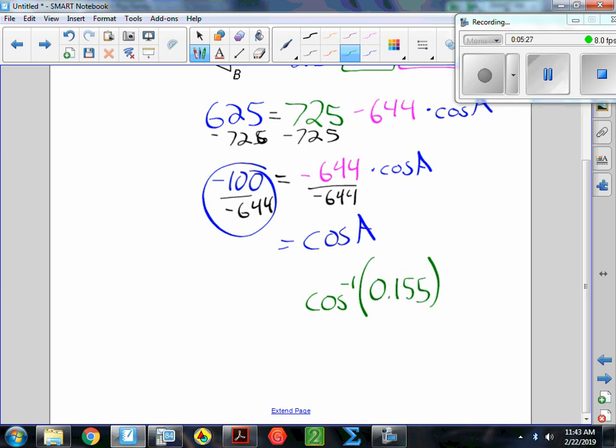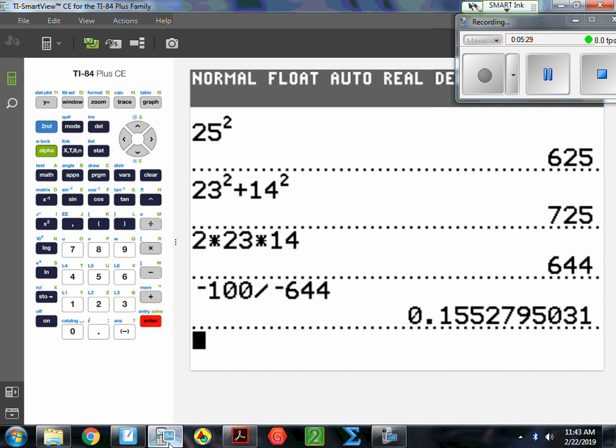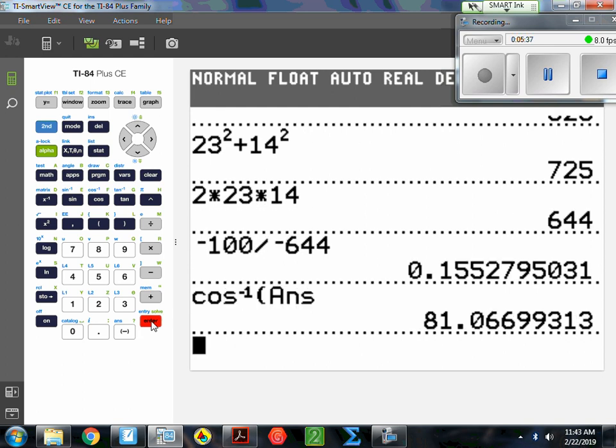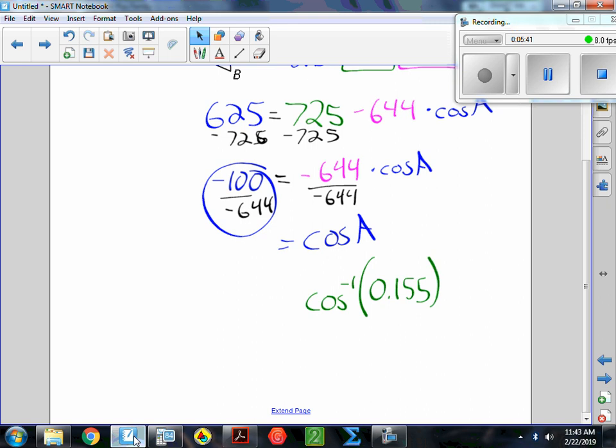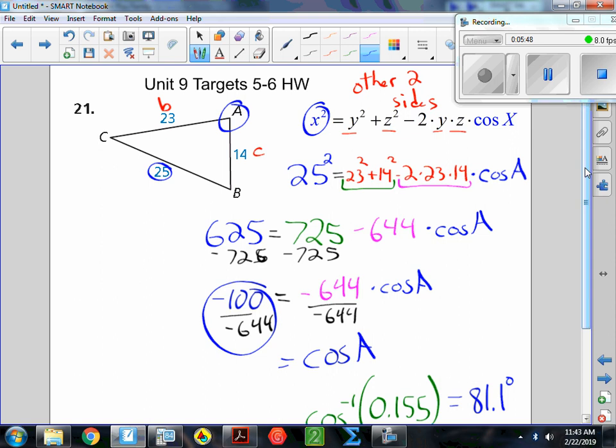We'll let the calculator do that work for us: second cosine, second answer, 0.155. And we get the angle 81.1 degrees. So angle A is equal to 81.1 degrees.